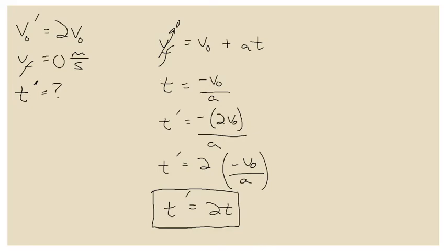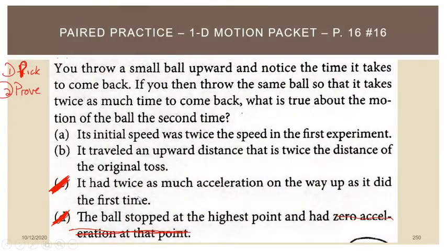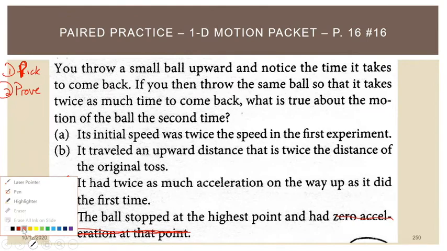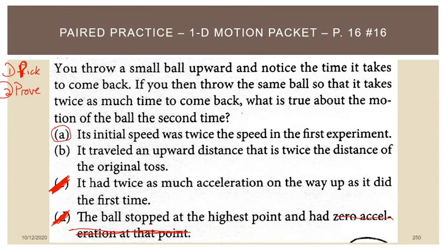And that's because, according to this equation, the time is directly proportional to the initial velocity. And since the time is directly proportional to the initial velocity, if we throw the ball at twice the initial speed in the second experiment, twice as much as we did in the first experiment, it makes the answer choice A.